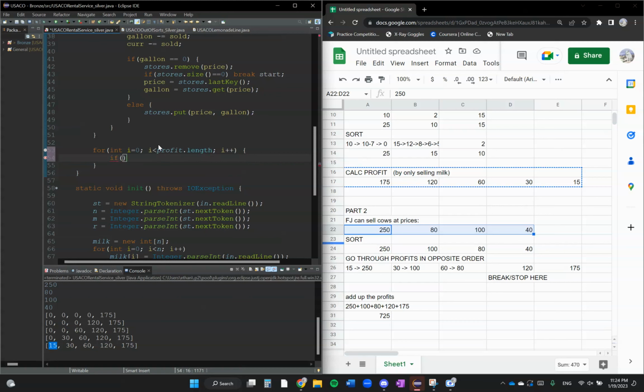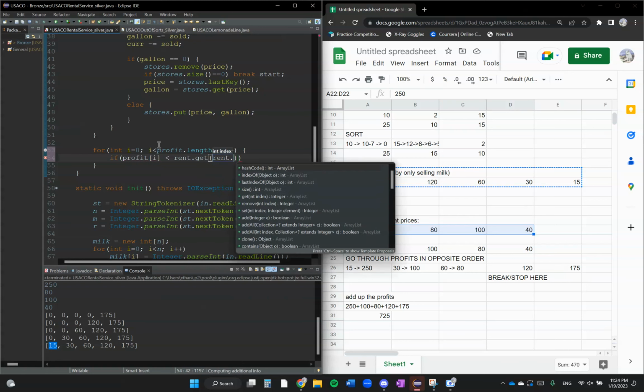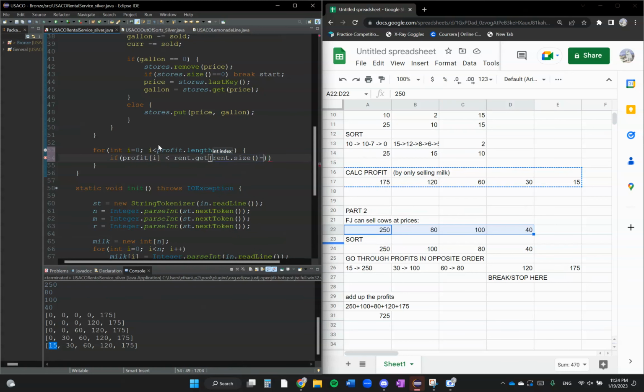So if profit at index i is less than rent.get the last value in rent. So if this value is less than the maximum amount of money we can make by selling the cow. And we also have to check that the index is right.